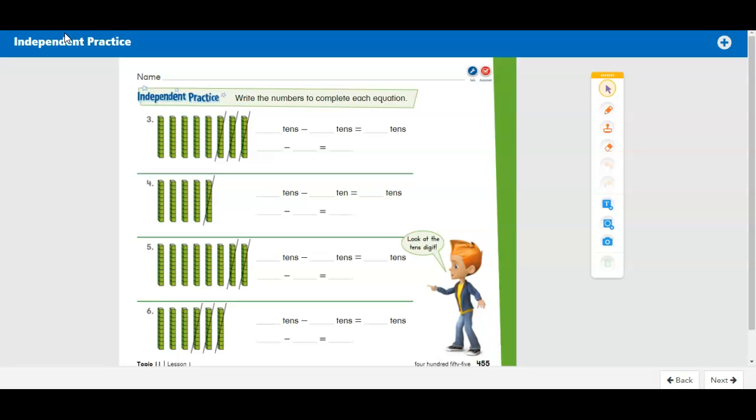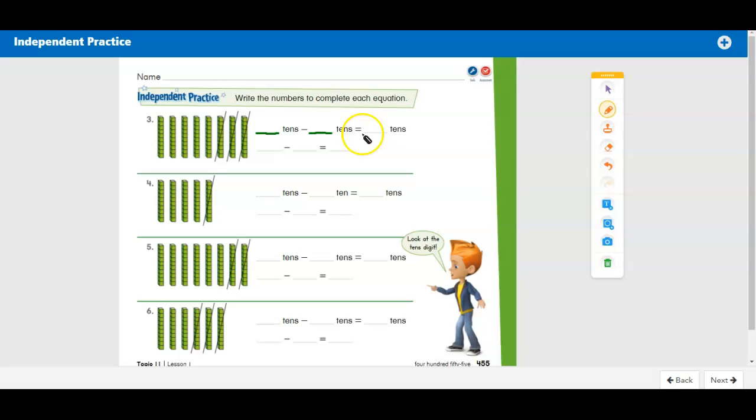For your independent practice on page 455, you are going to write the numbers to complete each equation. Just like we did in our animated video and our guided practice, you will count the total number of tens shown here in the model, write that number in the blank, then count the amount that are crossed out and write that number in the blank.